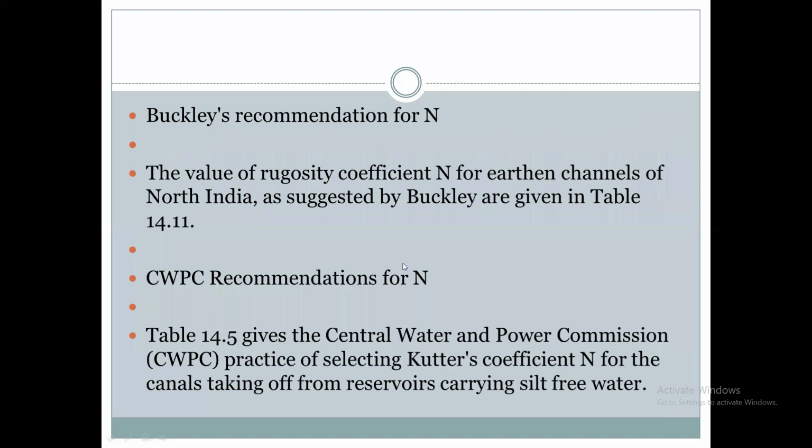V0 is equal to 0.55 m into d raised to 0.64. This is the Kennedy's equation. For calculating the critical velocity, non-silting, non-scouring velocity, this equation, Kennedy's equation, is used. Okay. These are the design steps, design method of this channel design.